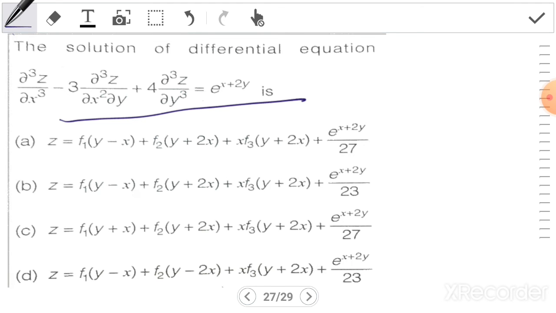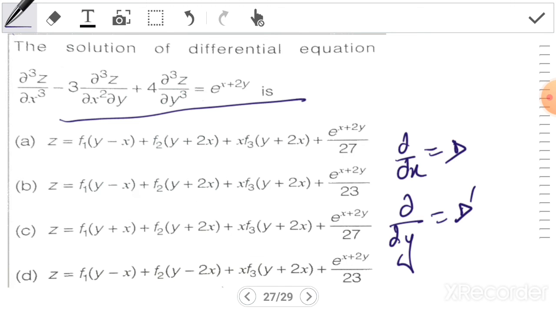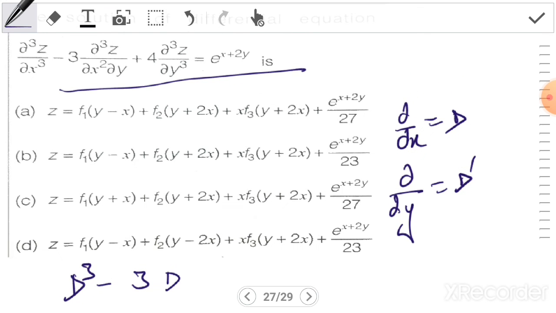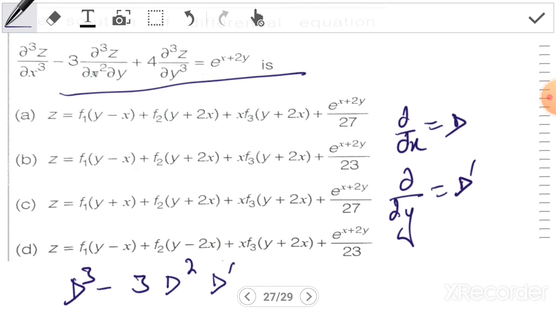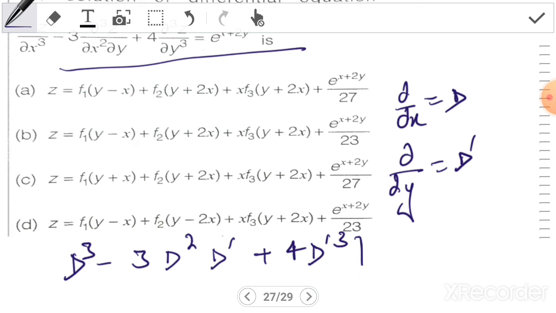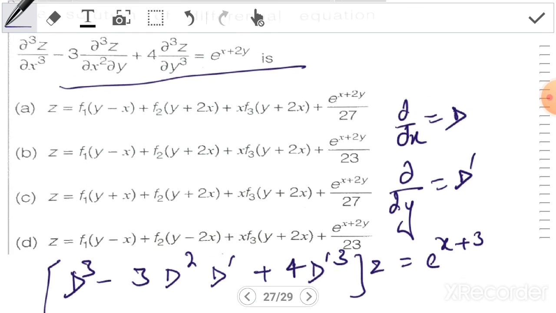Okay, so writing del by del x as D, del by del y as D dash, we get D cube minus 3 D square D dash, because there is a double derivative with respect to x and a single derivative with respect to y, plus 4 times D dash cube, z is equal to e power x plus 2y.